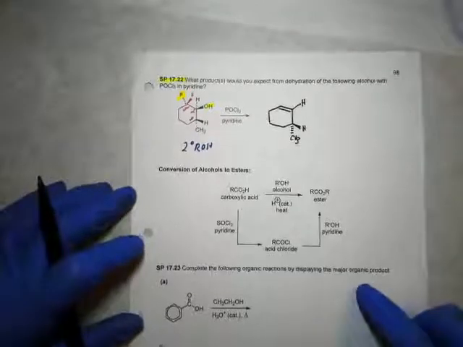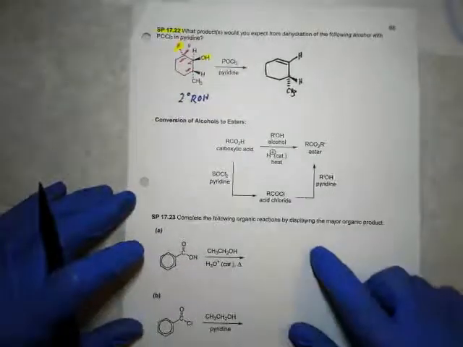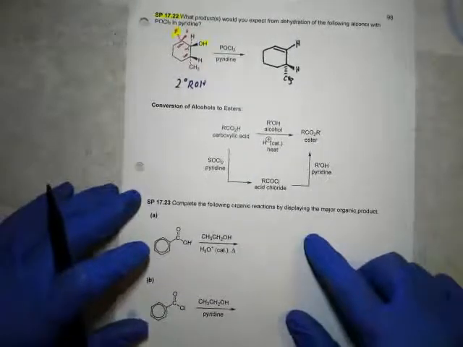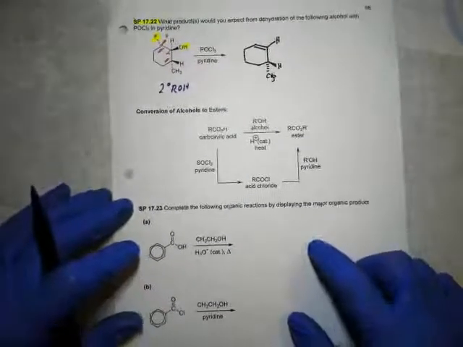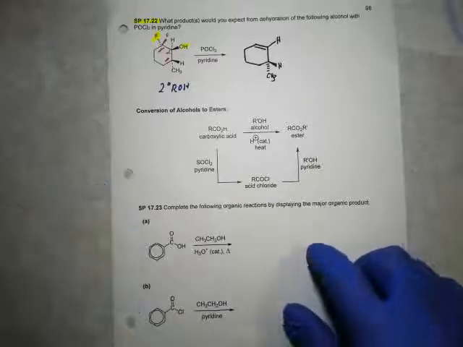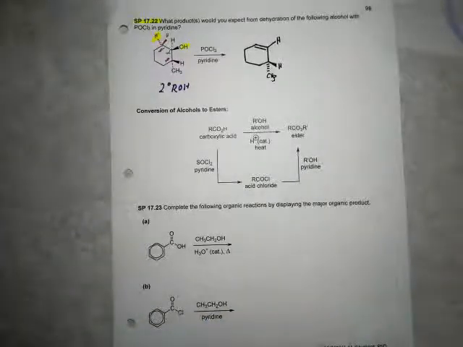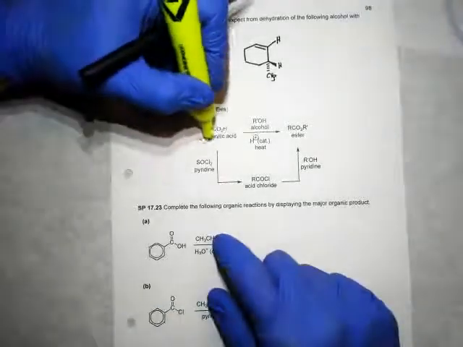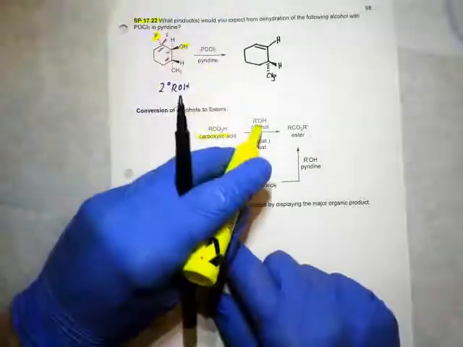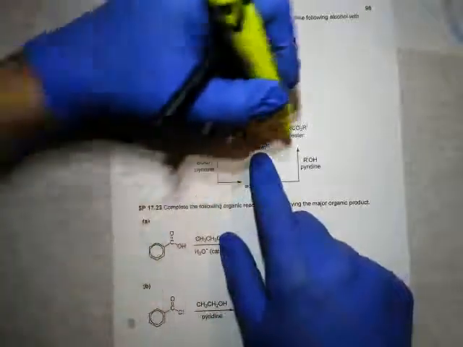Folks, let's go ahead and finish up this material by talking about how to convert alcohols into esters. This is also something that we had intended on doing in the lab. There's more than one way. You start with a carboxylic acid, you take an alcohol with an acid catalyst, and suddenly it becomes an ester.